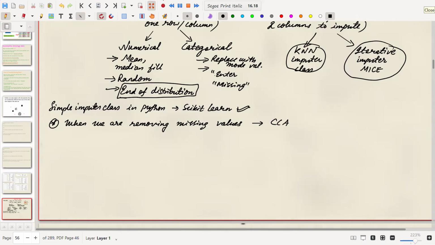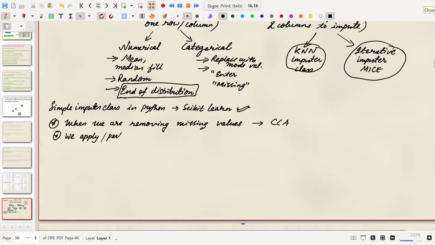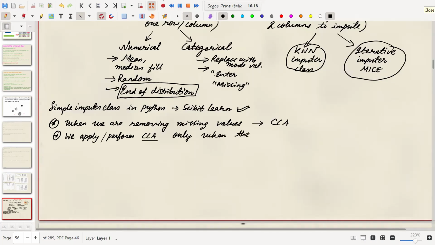We apply or perform CCA, that is complete case analysis, only when the entries in the data set are missing completely at random.